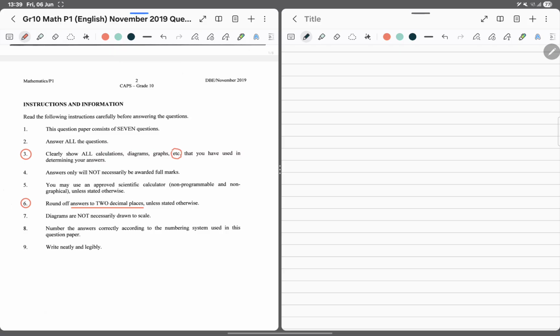This is the part that often gets missed, that we have used in determining our answers. Please note also that diagrams are not necessarily drawn to scale, but at a proportional level, we should get the right message. If that is wrong, then it means the diagram itself is wrong.